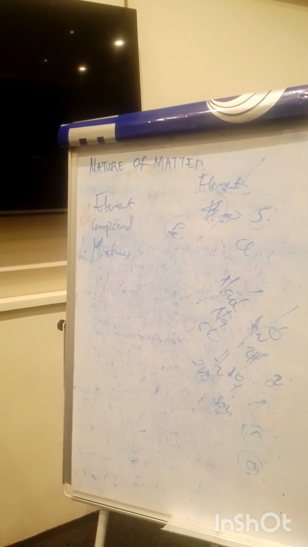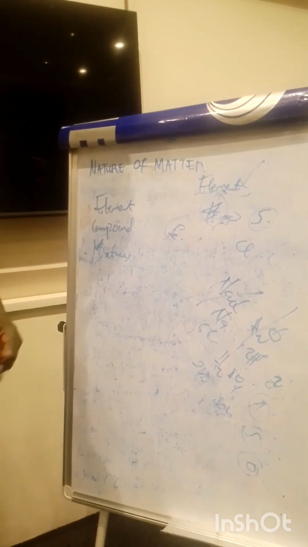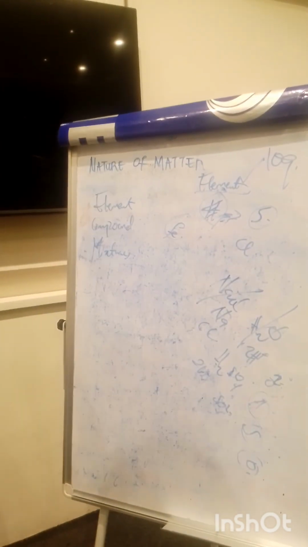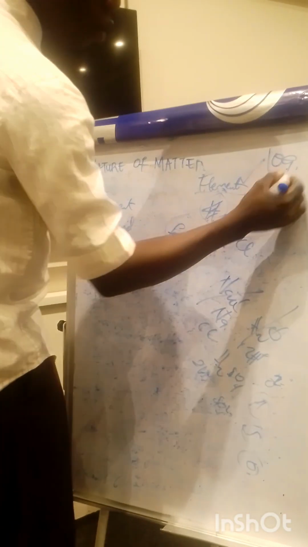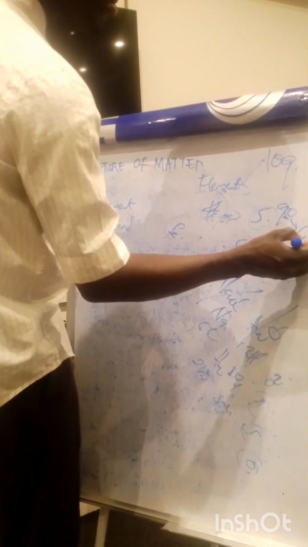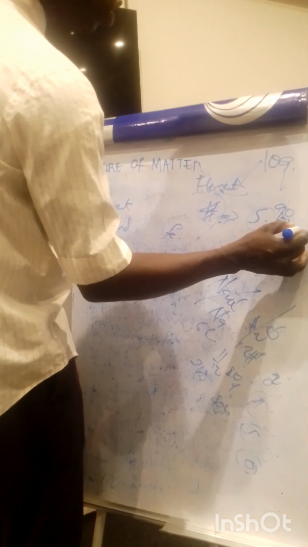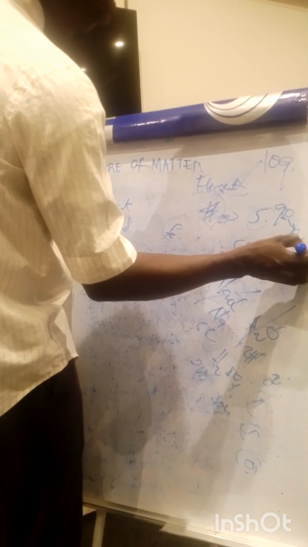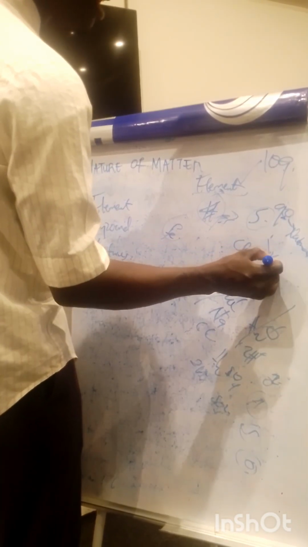Under elements, scientists have discovered plenty of elements. Let's estimate it: 109 elements were discovered by the scientists, but just 90 of them are found naturally, while the rest are prepared in the laboratory.